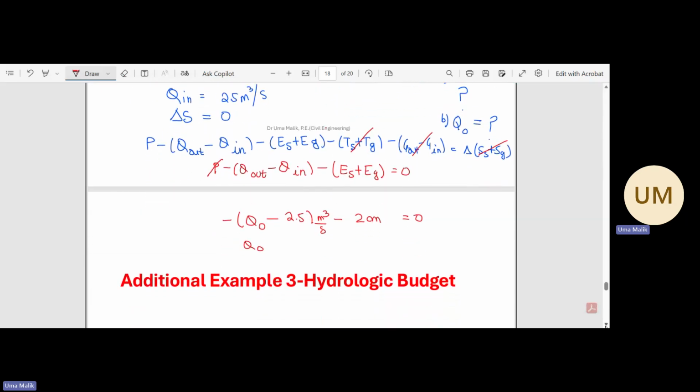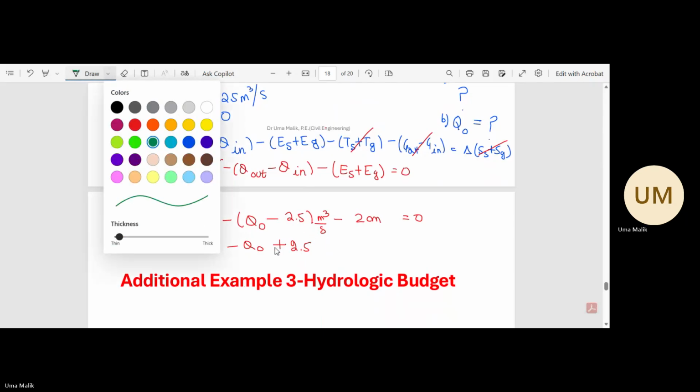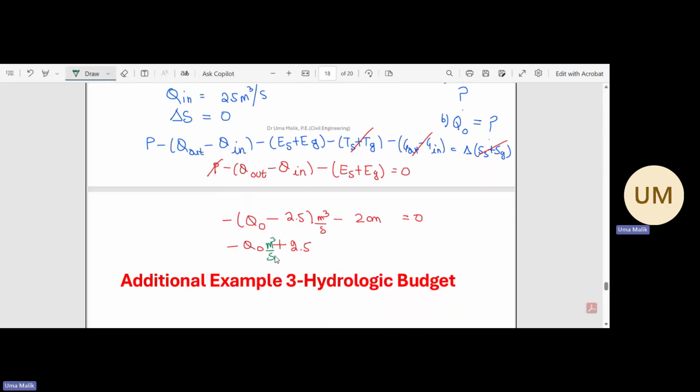So let's now calculate what is given to us. Minus Q out plus 2.5, sorry, we need to keep the units with us. This is meter cube per second, minus 2 centimeter is equal to 0. So Q out in meter cube per second, we are writing it as minus 2 centimeter plus 2.5 meter cube per second.